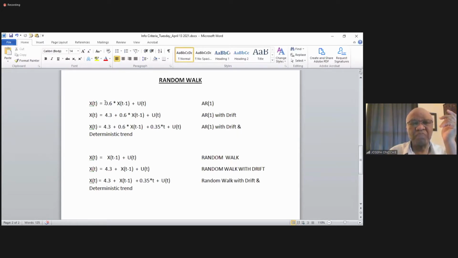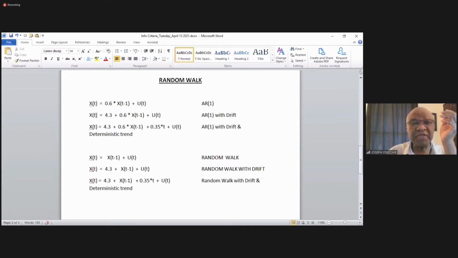Now, this AR1 model does not have a constant before it, right? This is a zero mean AR1. Everybody understands why, yes? Because it doesn't have the constant. So it's a pure AR1 with zero mean.